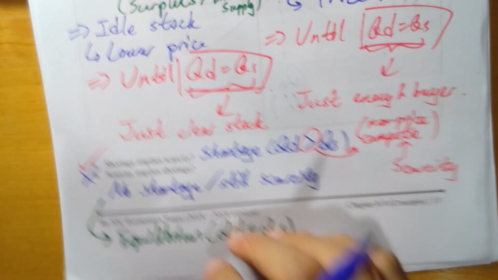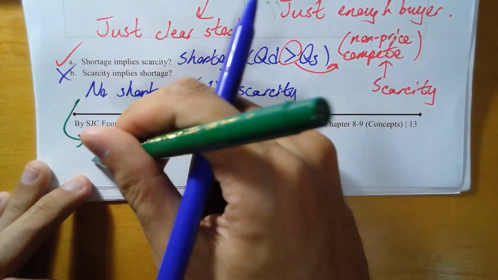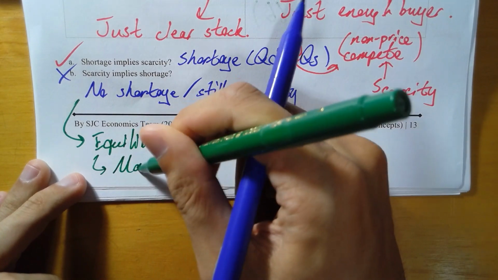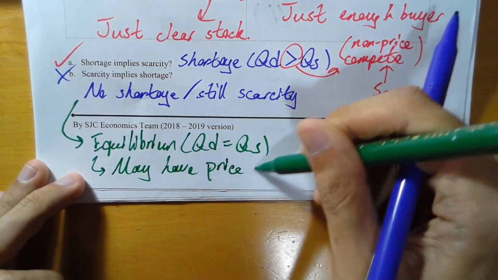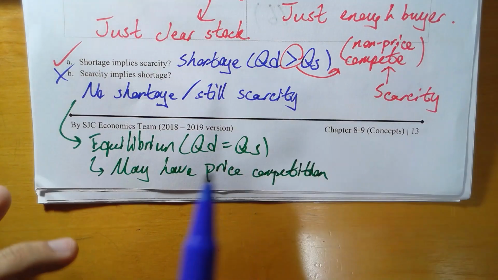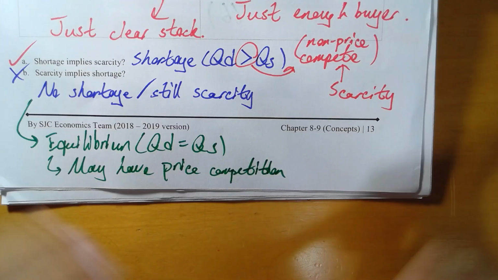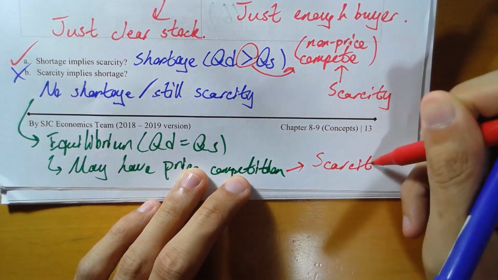When there is a price, it means even at equilibrium, there is a chance we may have price competition. When we have price competition, it means we have scarcity.